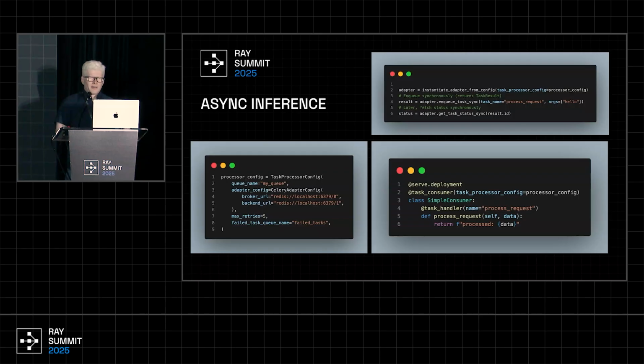Finally, users have to define a task consumer deployment, which is a special type of deployment responsible for managing the life cycle of the task processor, in the previous example Celery, and also contains instructions on how to handle individual tasks.